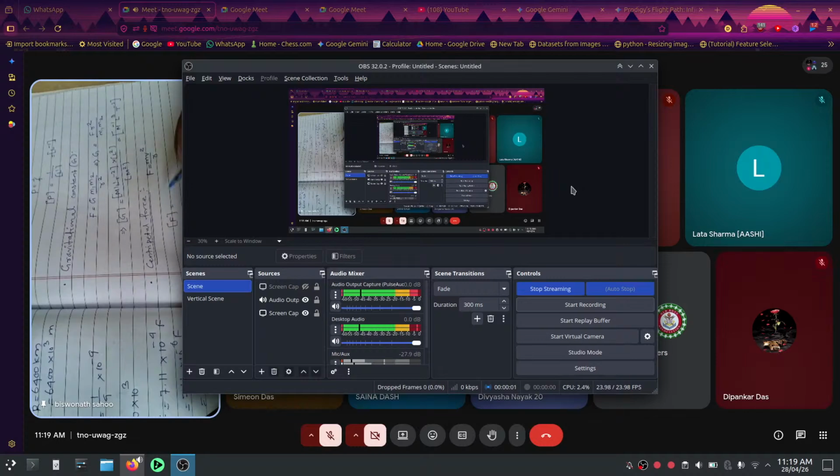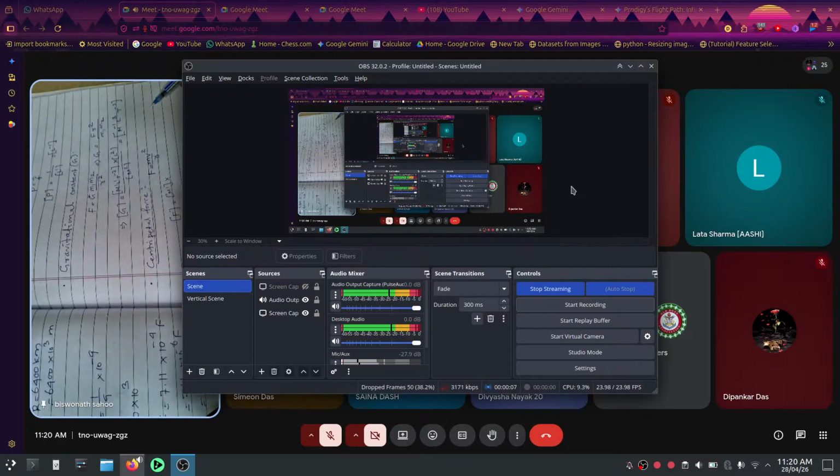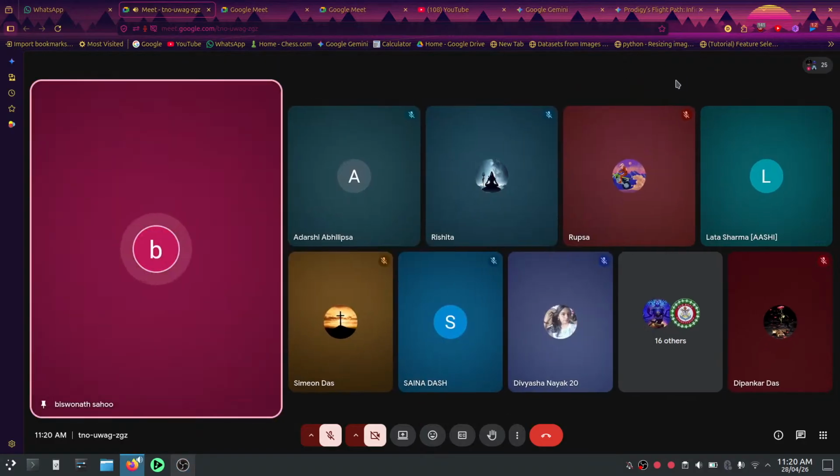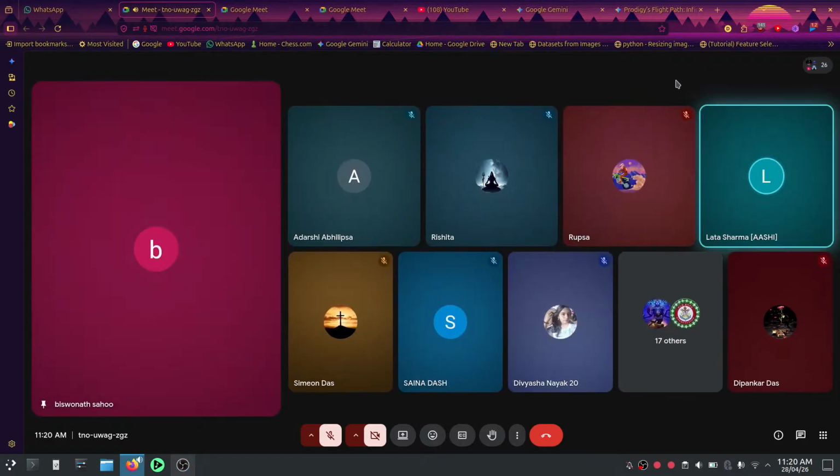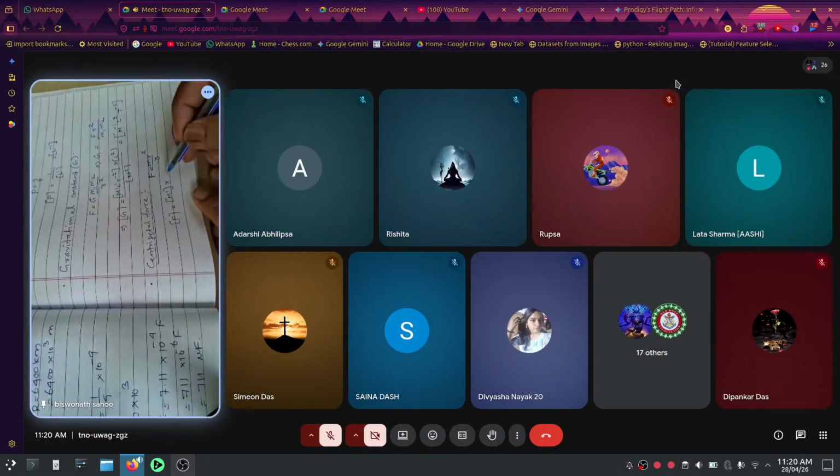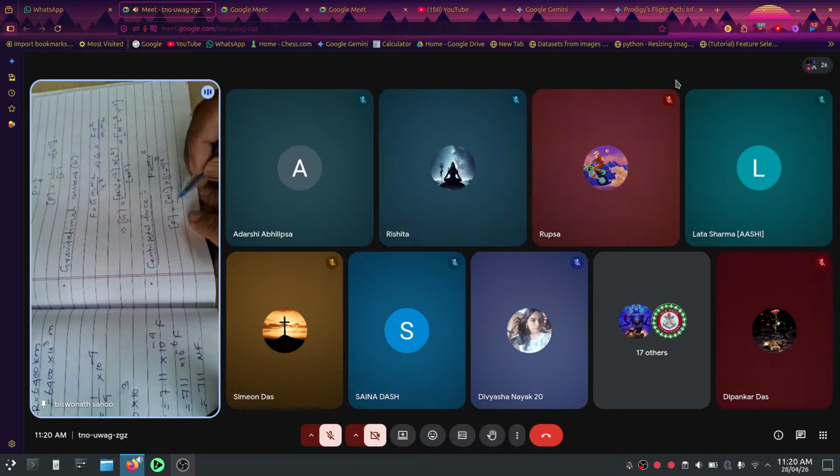Equal to mass m1, and v square is what? Velocity dimensional formula. What is the dimensional formula of velocity? T minus 1. L1 T minus 1 whole square, divided by radius.